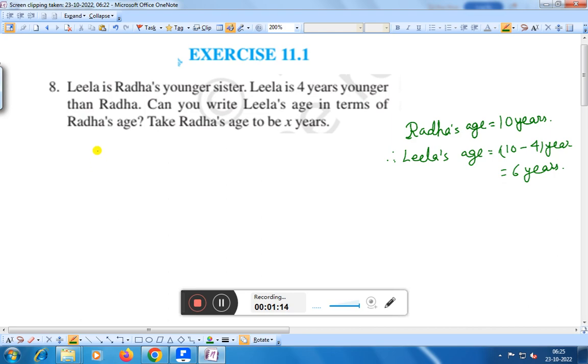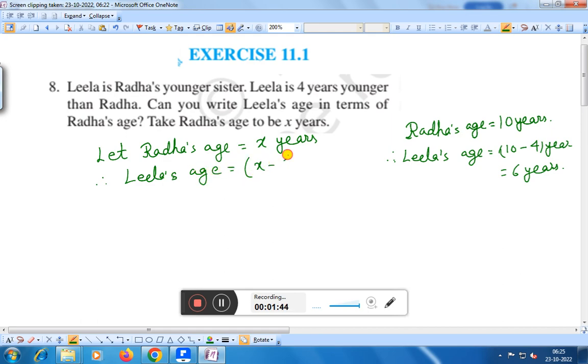Let Radha's age be x years. Therefore, Leela's age will be x minus 4 years.